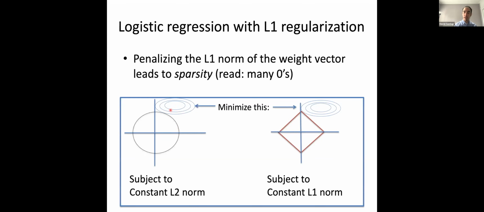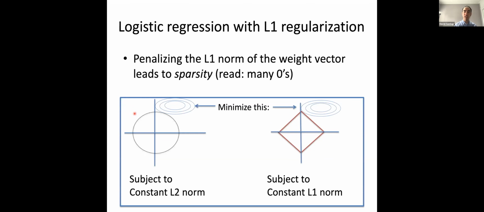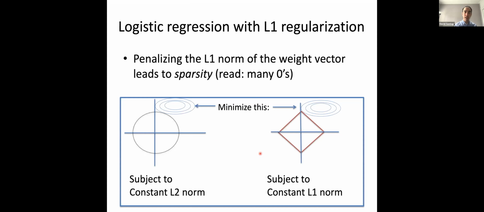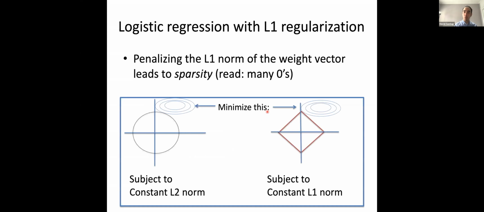In the squared norm case, the picture you should have in mind, if you had just two weights, theta 1 and theta 2, would be something like this. If that squared norm were equal to 10, then the weights would have to be somewhere along this circle. On the other hand, if the L1 norm were equal to 10, then the weights would have to be along this diamond shape. Again, the first axis we'll call theta 1, the second axis theta 2.